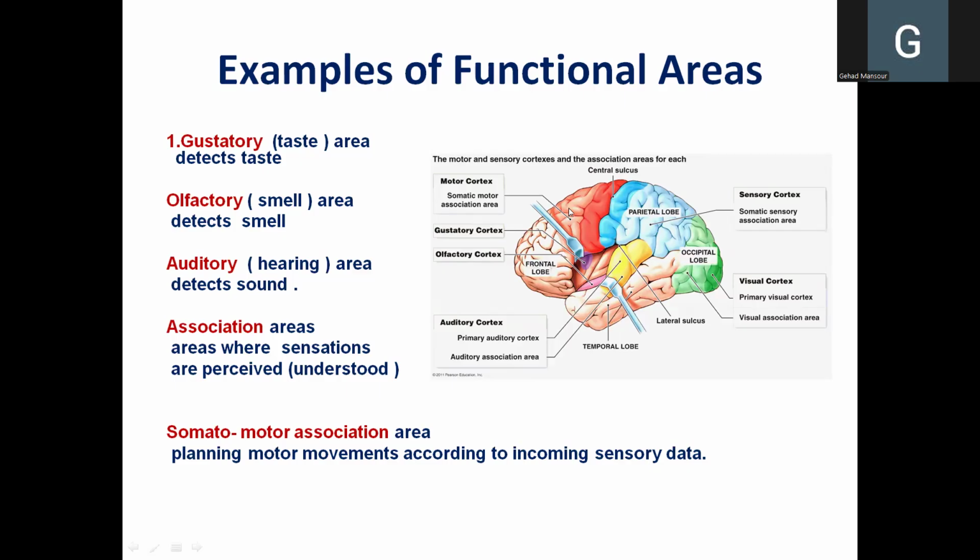So if I ever ask you about the function of the somatomotor association area, it's planning for and deciding what motor actions to be done, coordinating these motor actions together, and at the same time making them relevant to the sensory information that the brain has received, meaning that the somatic motor association area cannot make a decision without previous reception and perception of sensory data received from the sensory area.